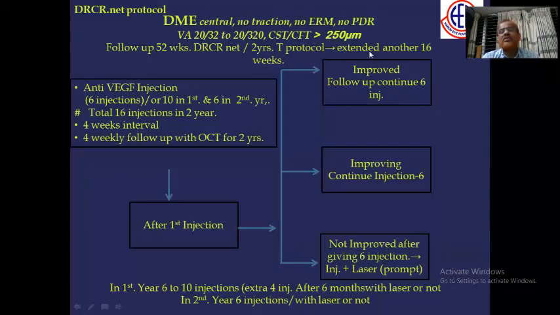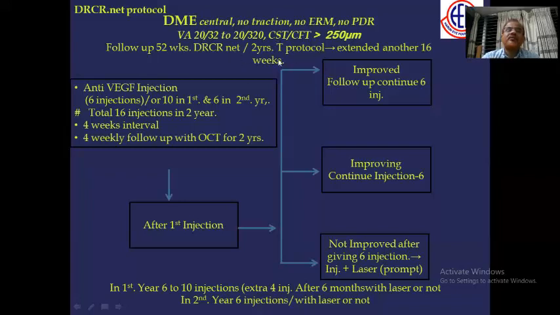And if a situation arises with this, we can extend the follow-up by another 16 weeks. But the diabetic patient is a patient with hypertension and other systemic disease like bronchial asthma, and needs follow-up throughout life.